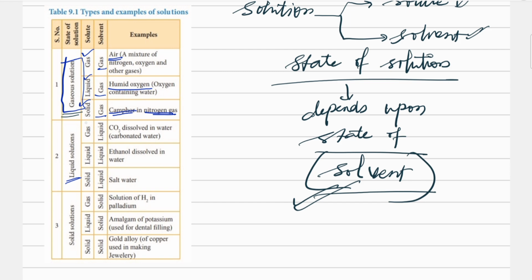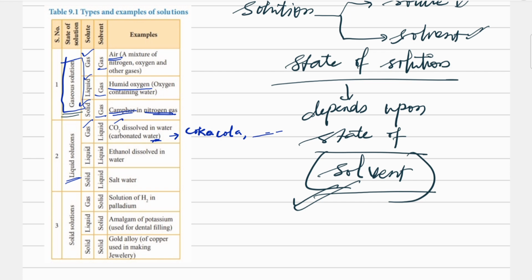But if the solute is a gas in liquid, then carbon dioxide dissolved in water, carbonated water or carbonated drinks, whatever drinks you have had, like Coca-Cola and all the other carbonated or fizzy drinks.